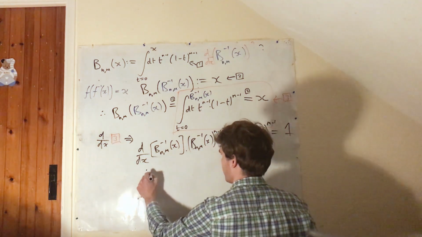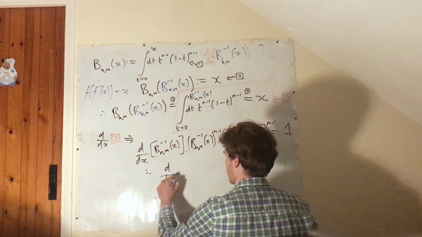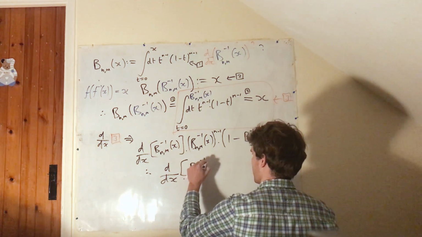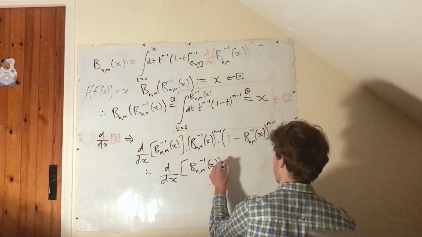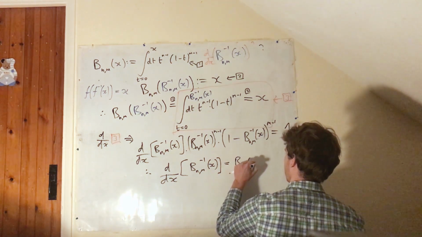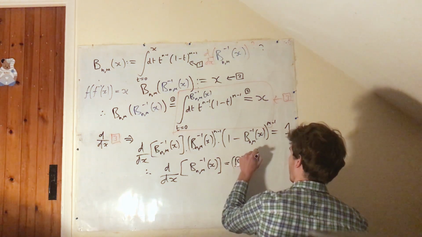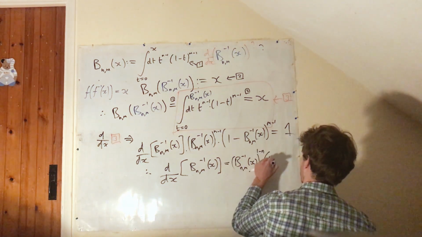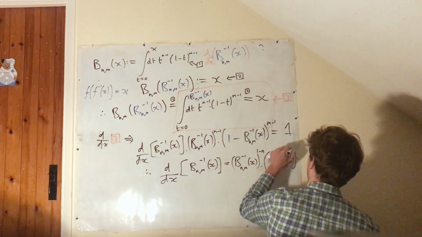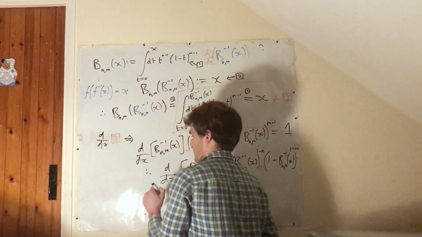So therefore, the derivative of the inverse incomplete beta function is going to be given by the inverse incomplete beta function to the power of 1 minus n times by 1 minus the inverse incomplete beta function to the power of 1 minus m.